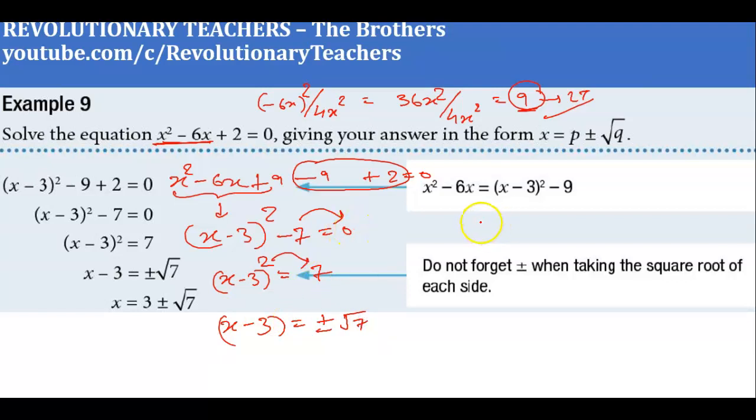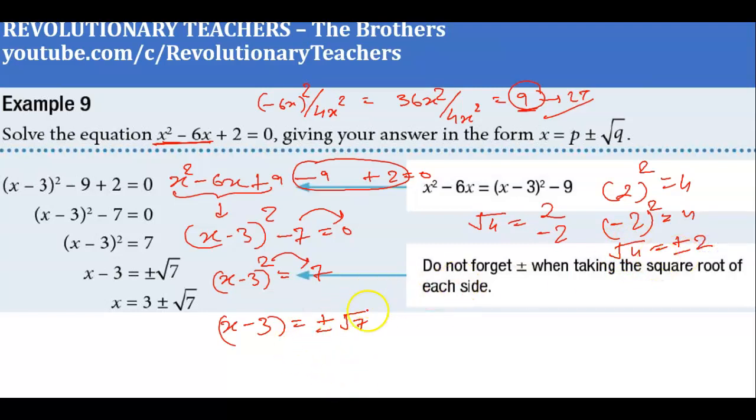Because root of 4 is either 2 or minus 2, right? Because 2 square is also 4 and minus 2 square is also 4. So when you take root of 4, you shall write plus minus 2. So when I take root of 7, I shall write plus minus root 7. Send 3 on the other side. You will have x equals to 3 plus minus root 7. This is your answer.